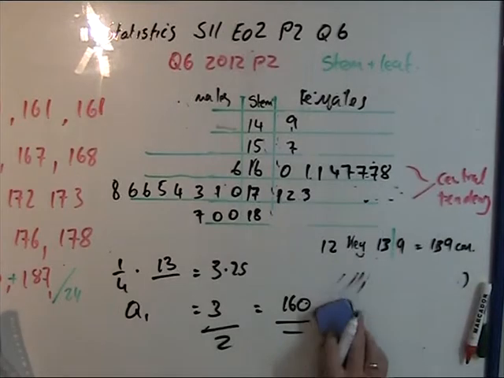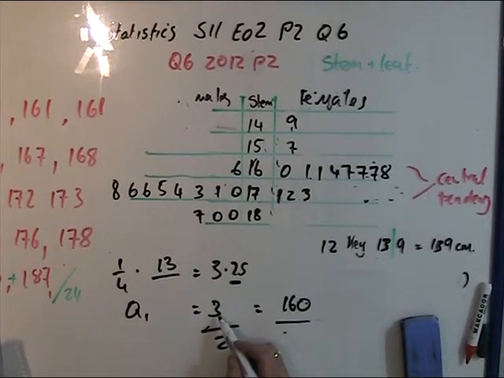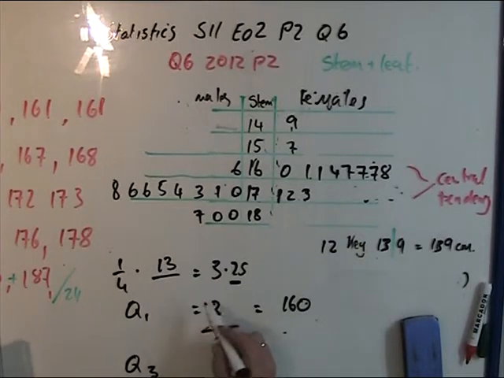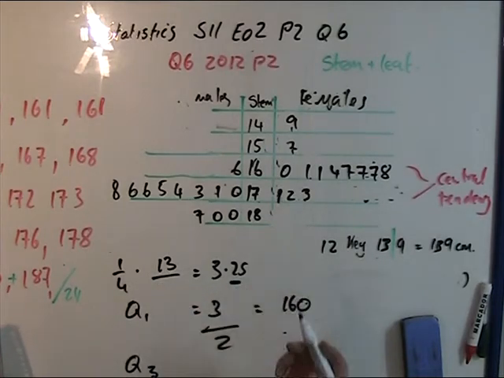No, we don't do that in this case. When you have a fraction, a decimal place, you round down to 3, and then you just take the third term, and the third term is the Q1. And the third quartile is divided by 4 multiplied by 3, so that would be 9 point something.